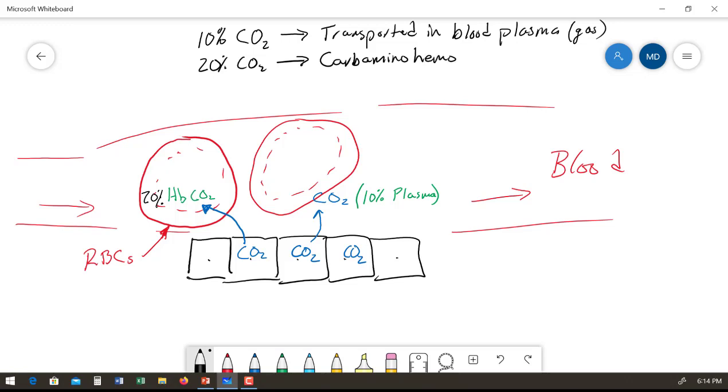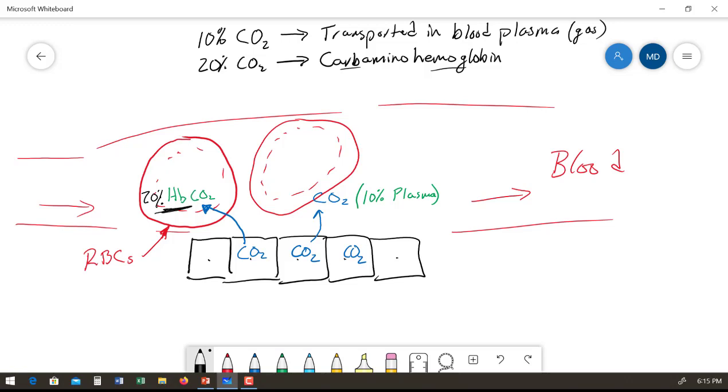So carbaminohemoglobin is basically hemoglobin bound to carbon dioxide. It has a strange name, implying an amino acid in there or something, but carbaminohemoglobin is this down here that I drew.